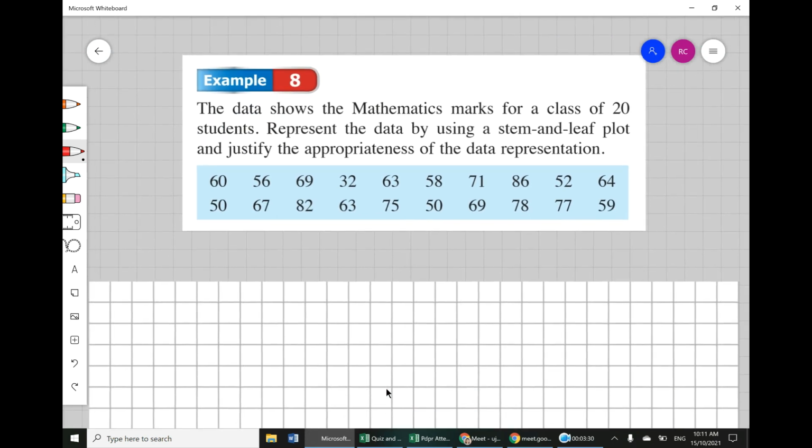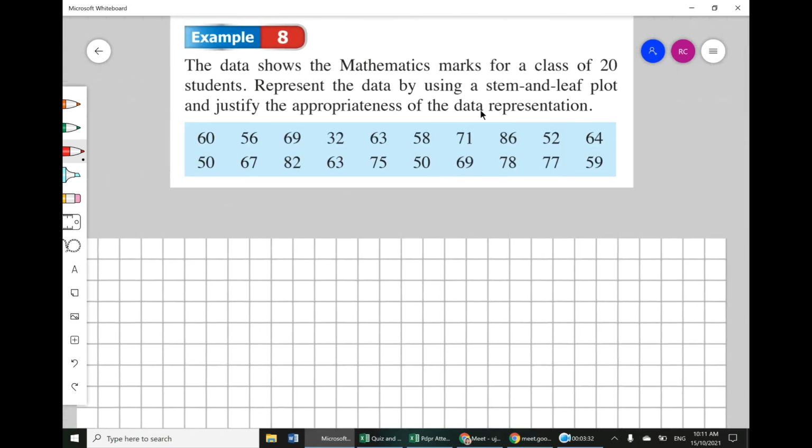Example 8. The data shows the mathematics marks for a class of 20 students. Represent the data by using a stem and leaf plot and justify the appropriateness of the data representation. So still the same thing, you have to construct the stem and leaf plot, and then you have to justify the appropriateness.